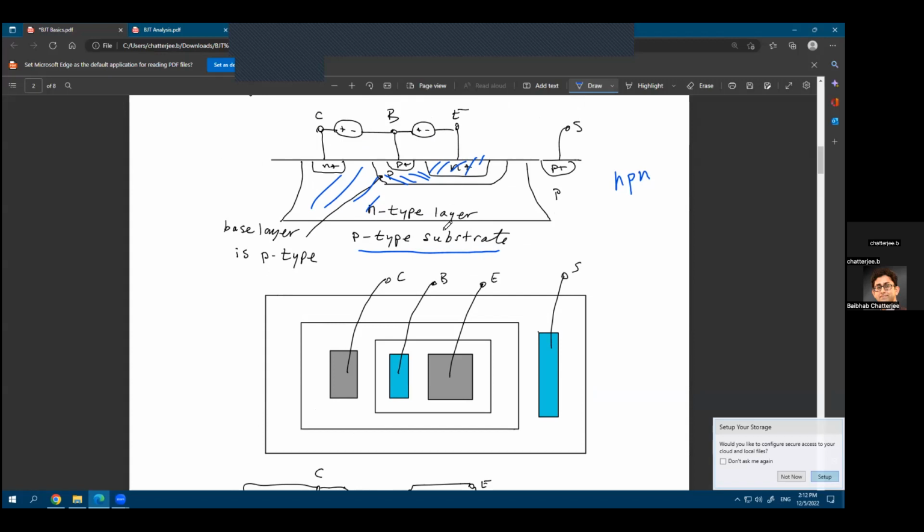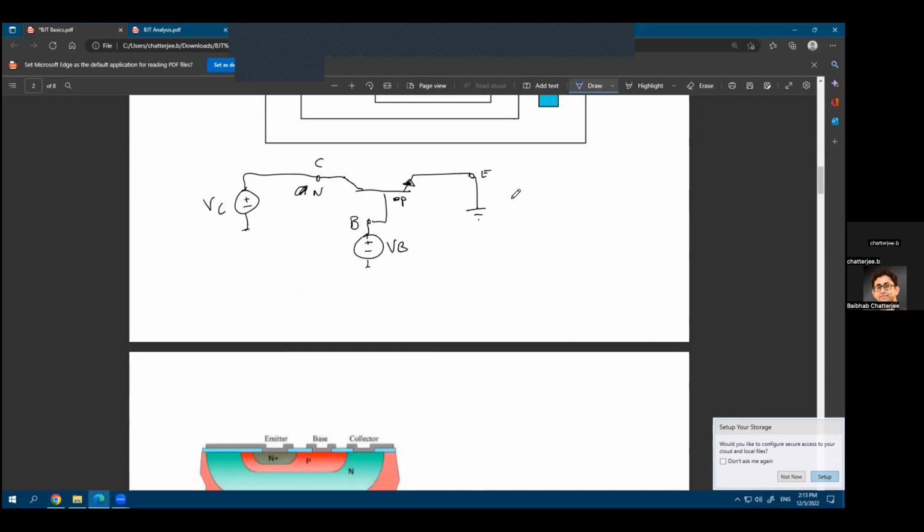The same thing you do for a MOSFET, you'll do for BJTs. You start with only the P-type substrate, and then you create an N-type layer, which will be your collector. Inside that N-type layer, you'll create a P-type layer, which will be your base, and inside your base, you'll create another N-type layer, which will eventually become your emitter.